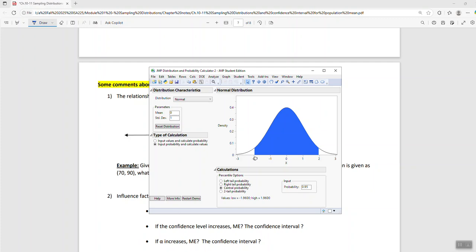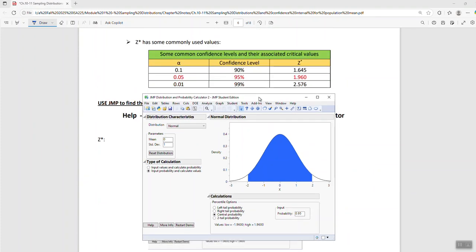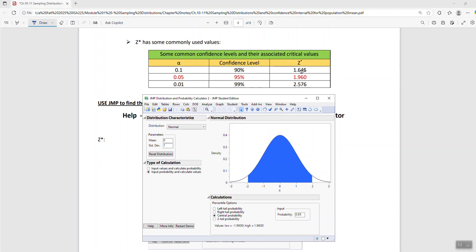You'll see that the lower point here is negative 1.96 and the higher point is positive 1.96 because it is symmetric. So our z critical value, or z star, will be 1.96, because we are not using the negative version. In this table, for a 95% confidence interval, the z star is 1.96.